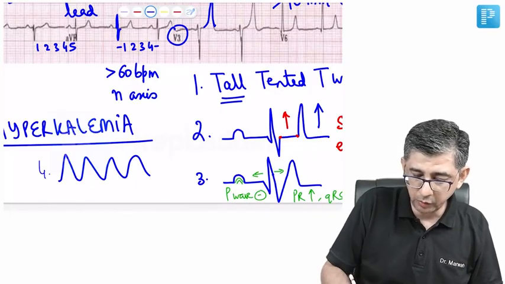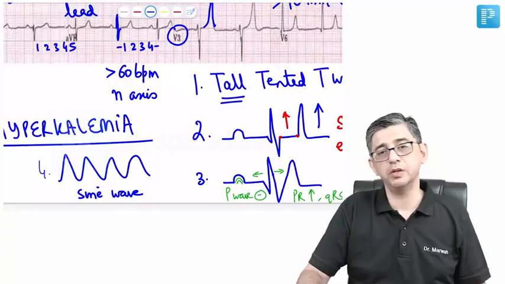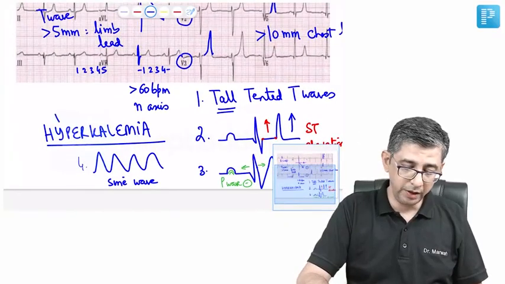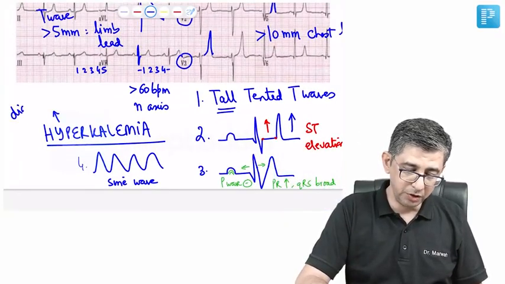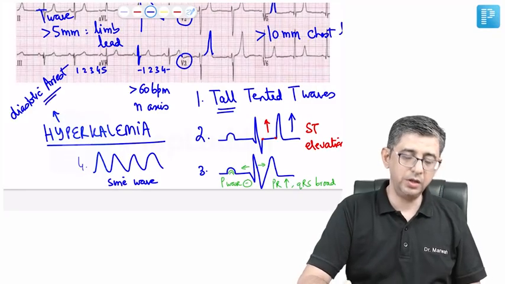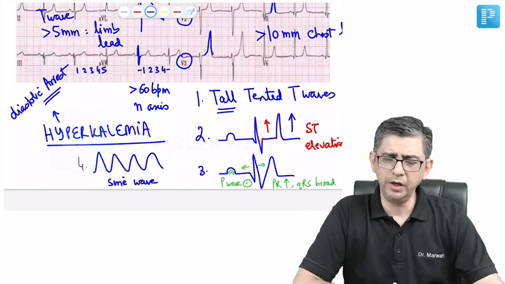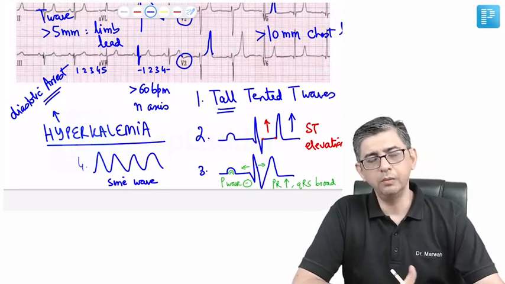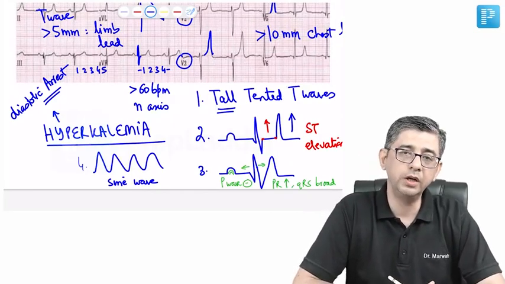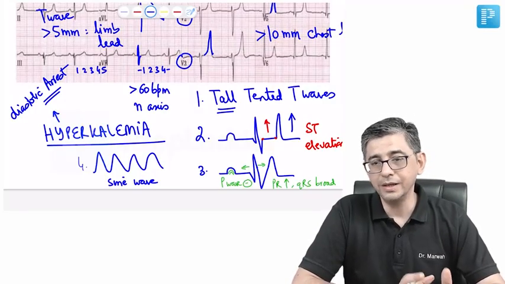So the sine wave pattern would be just before diastolic arrest in these patients, because hyperkalemia can cause death of a patient. The logic is potassium slows the heart. Because potassium slows the heart, diastolic arrest can occur and it can cause mortality. Usually once the values go beyond 8, they can obviously be 9, 10, 11, 12, but the moment values go more than 8, the chances of the person expiring will be substantially increased.